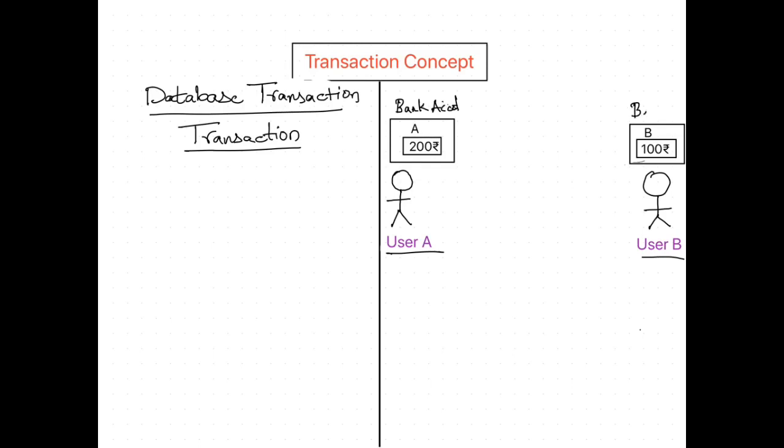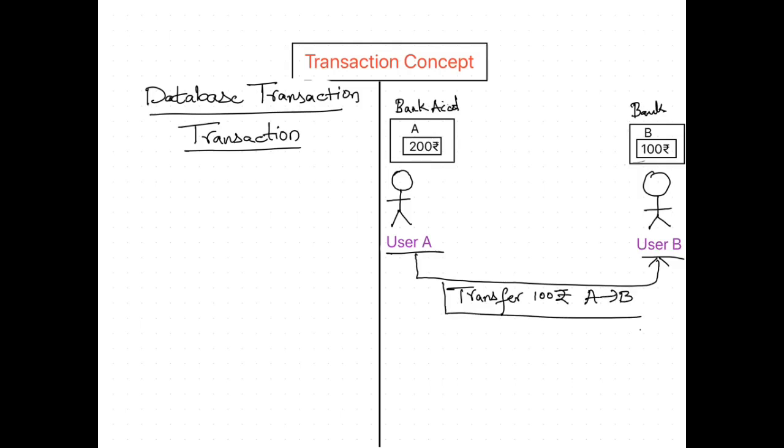Now user A wants to transfer 100 rupees from A to B. From the user's point of view, this transfer of 100 rupees from A to B is a unit of work.